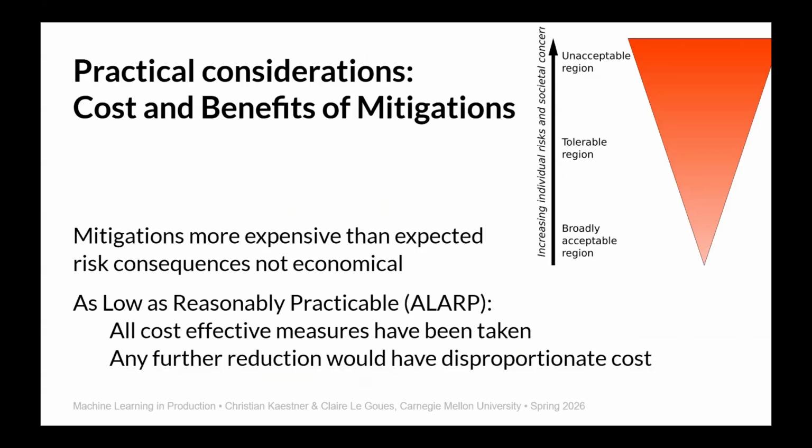reasonably practical. Nobody expects you to mitigate every single risk to the point that there is no risk, because it gets extremely expensive. If you need to reduce the risk of ever letting a weapon through the airport to the point that you have to have a person searching every single bag, it's just so expensive, it makes the entire system not viable.